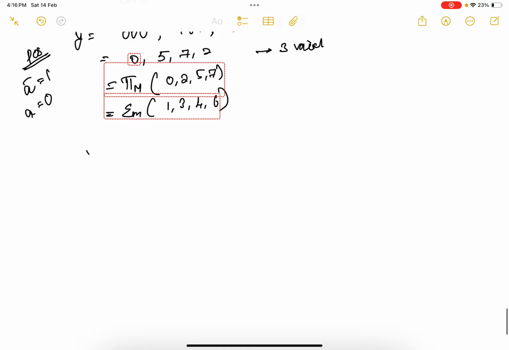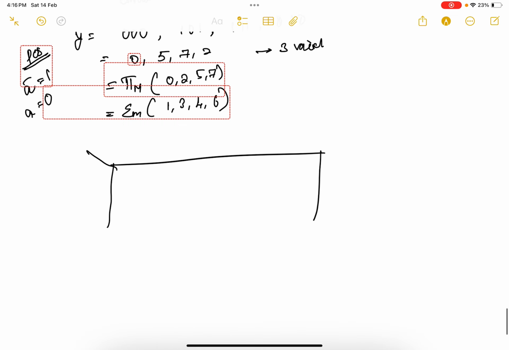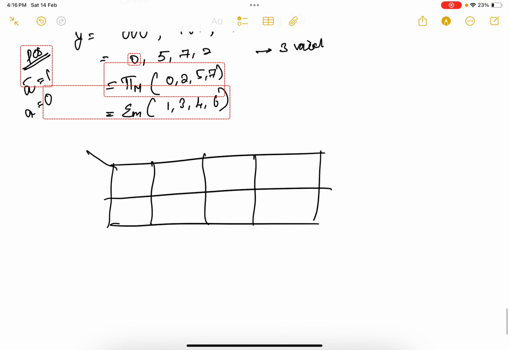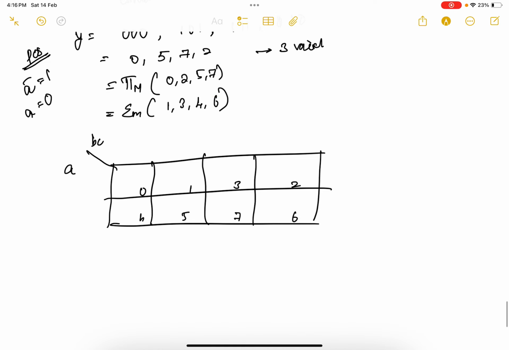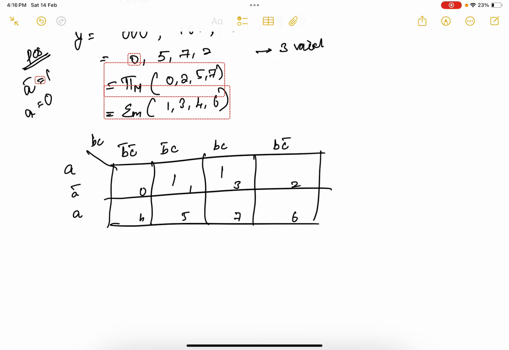Now if you want to implement this using a K-map, how will you do it? This will be 0 1 2 3 4 5 6 7. So A B C 0 0, 0 1, 1 1 and 1 0, and C is 0 1. So I have 1 in 1, 3, 4 and 6.